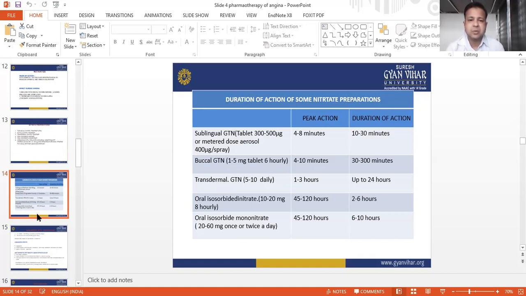Oral isosorbide mononitrate, dose is 20 to 60 mg once or twice a day, peak action 45 to 120 hours, and duration of action is 6 to 10 hours.